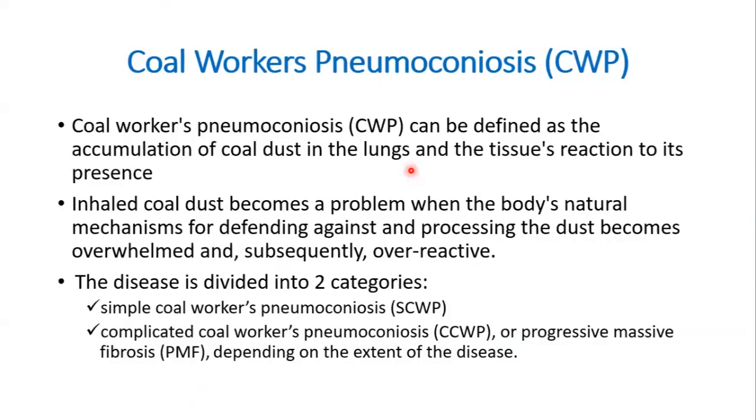For coal workers pneumoconiosis, CWP, you get it from inhaling dust in the coal mines. And there are two categories of CWP. You have simple coal workers pneumoconiosis, and you have complicated coal workers pneumoconiosis, or what we call progressive massive fibrosis, or PMF, depending on the extent of the disease.